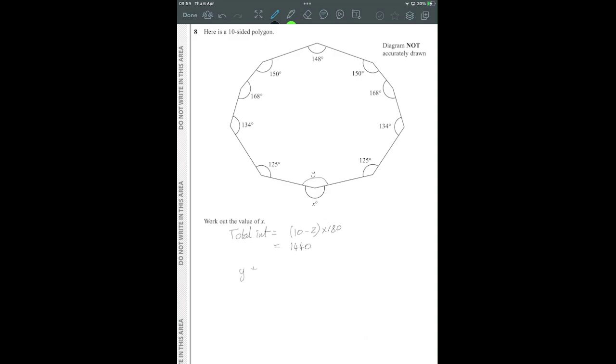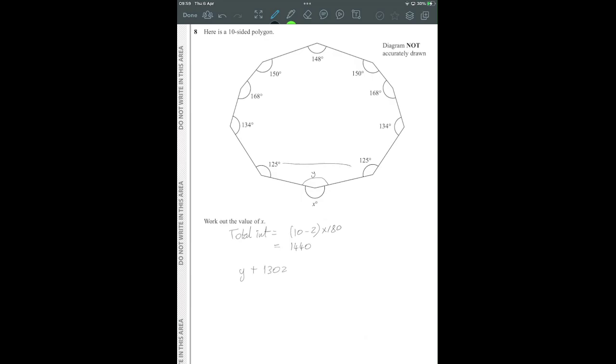So that angle there, I'm going to call it y just to keep up with it. So y plus the rest of them, which I'm going to add up in my calculator. I'm not going to write all of them down. That's 168 plus 150. I'm going round anti-clockwise. 34. There's some symmetry here which I noticed, which may have been able to abuse.